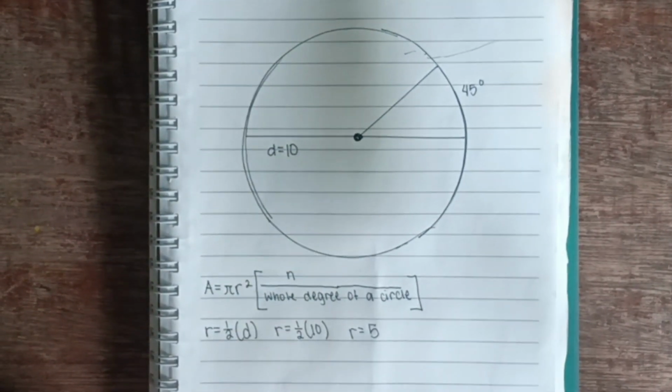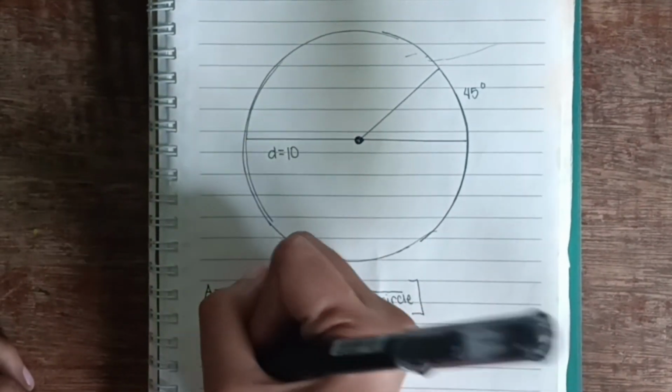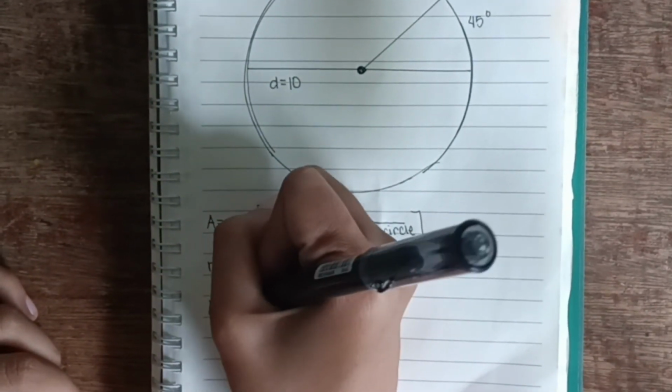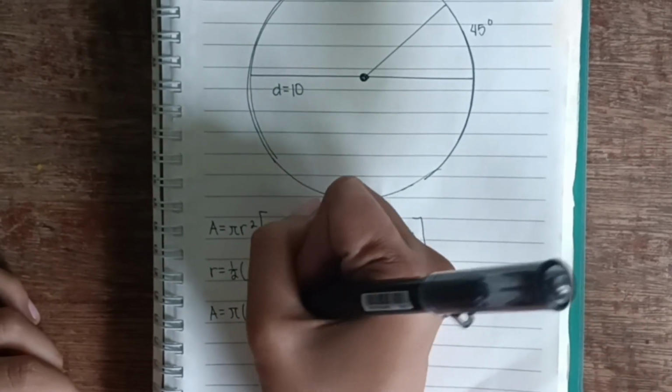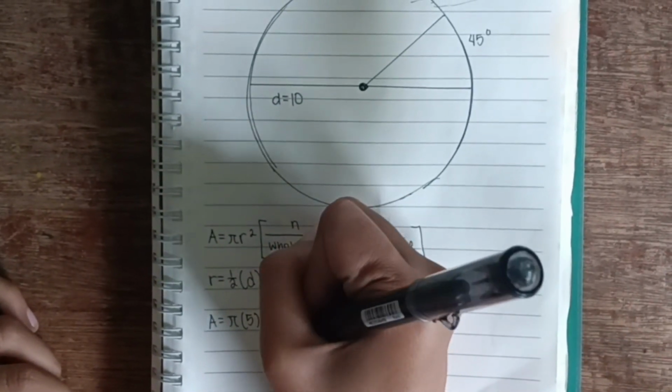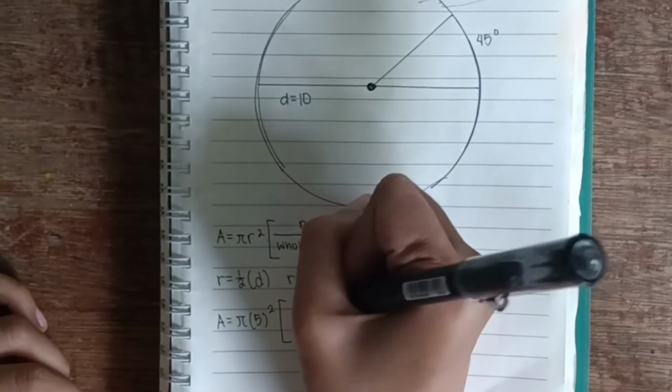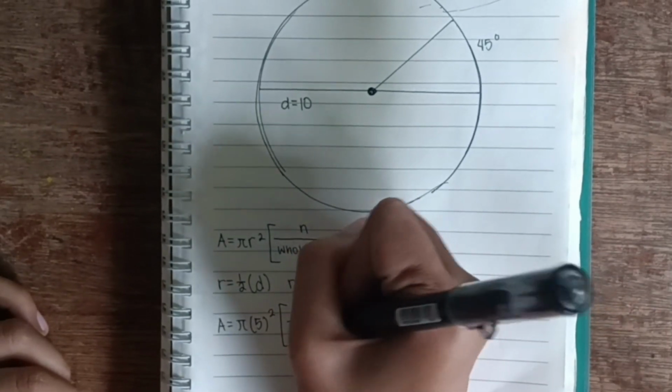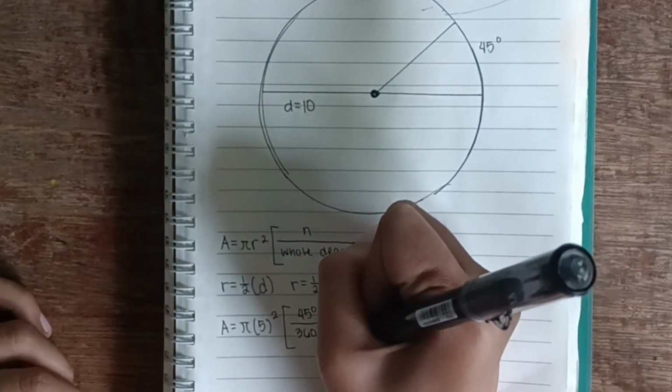After finding the radius, we can now solve for the area of sector using the formula. Area of sector equals pi r squared times n over 360 degrees. Since the given degree is 45, we substitute it into the formula as 45 degrees over 360 degrees.